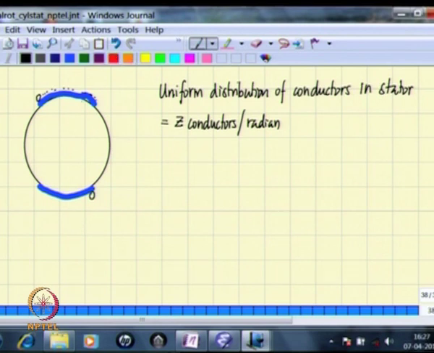Now it is easy to appreciate, here there is a rotor which is cylindrical, and at any angle, let us take an angle here. You have seen how the flux lines look.